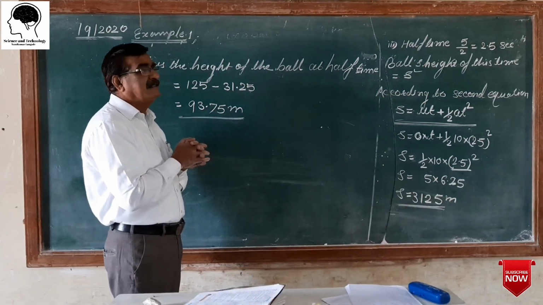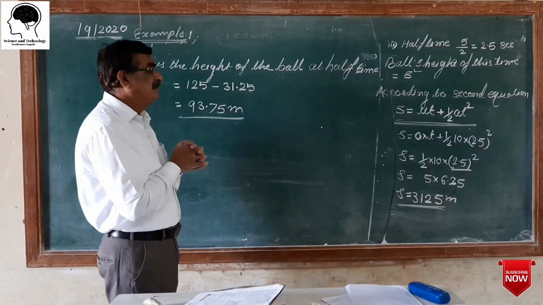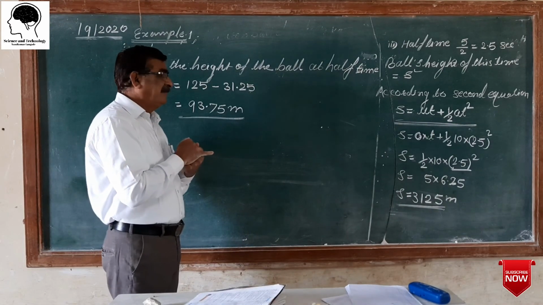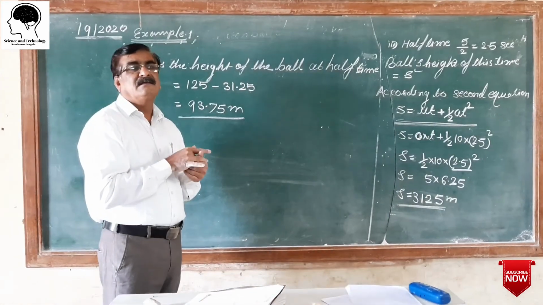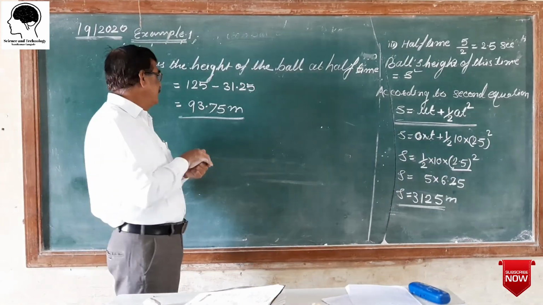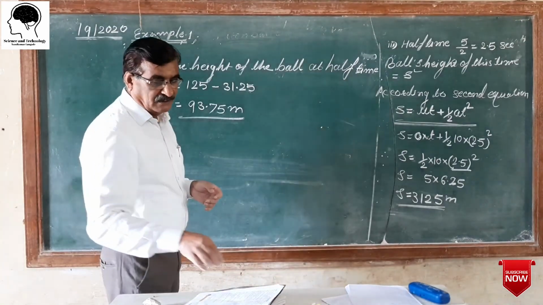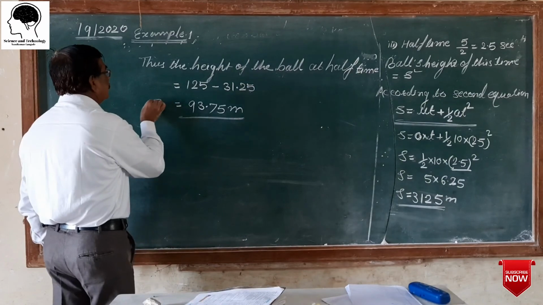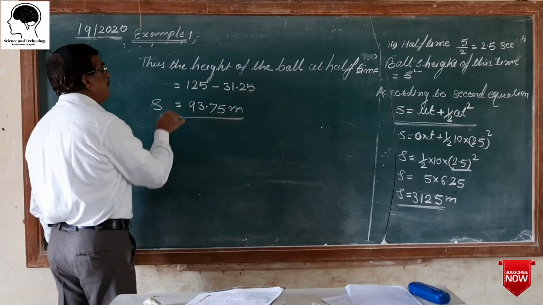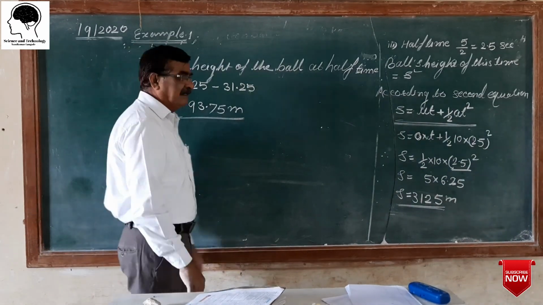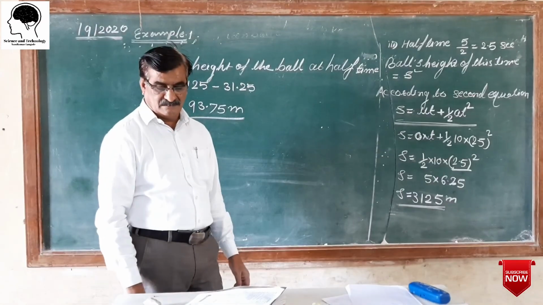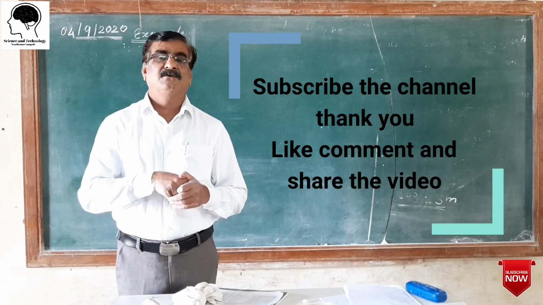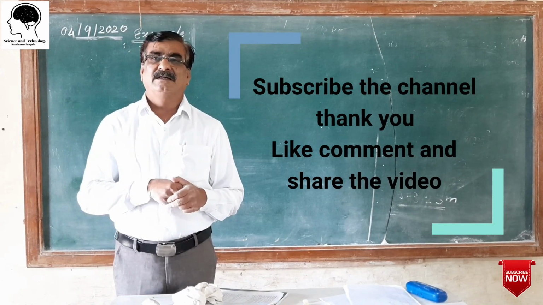Initially the velocity is less, but as it comes down to the ground, the velocity increases. That is why the distance covered in the remaining half time is 93.75 meter. We continue this example solution in the next lecture.